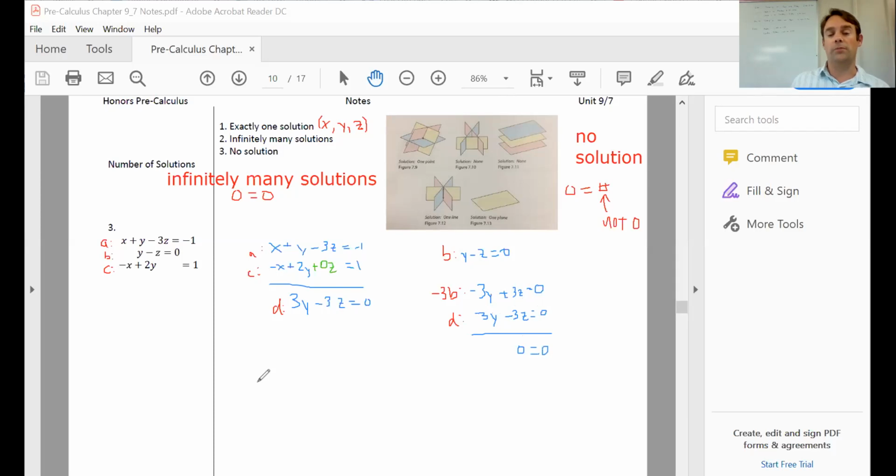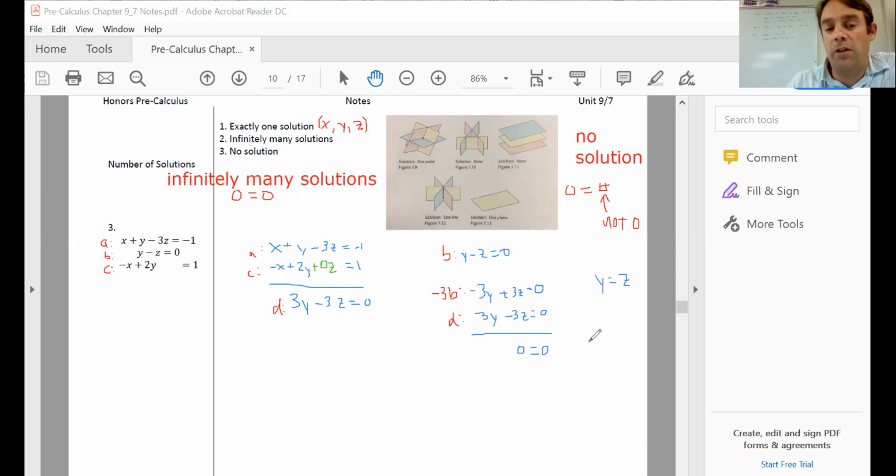When we do that, we end up with 0 equals 0. In other words, it doesn't work. I mean, it does work. There's an infinite number of solutions. Now, there is a way you can go through and write a solution for it, if you really wanted to. You don't have to, friends. You could come up with a solution where you say, all right, well, that means that whenever we're solving these, y would always be equal to z.